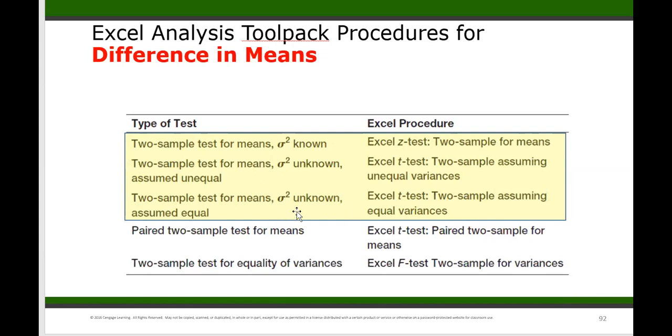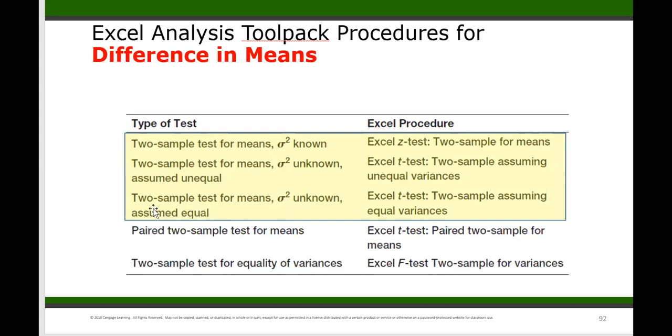Each one of them has a different set of assumptions. The first one, when we know the population variance for both populations. The second one, when we do not know the population variance and we cannot assume that they are equal. The third one, we don't know the population variance for both populations, but we can assume that they're equal.